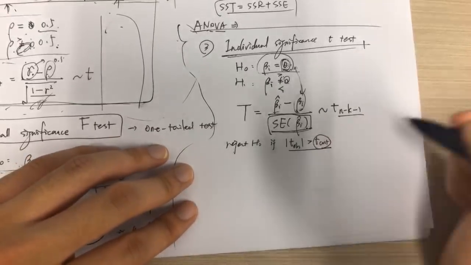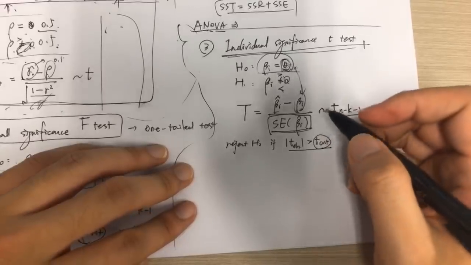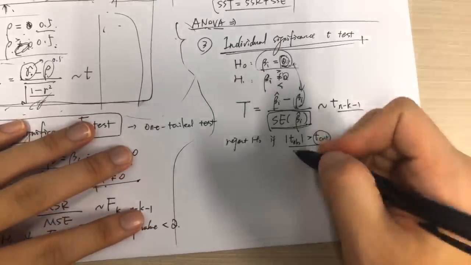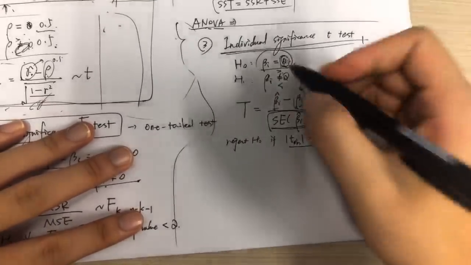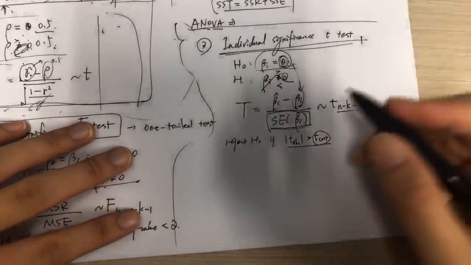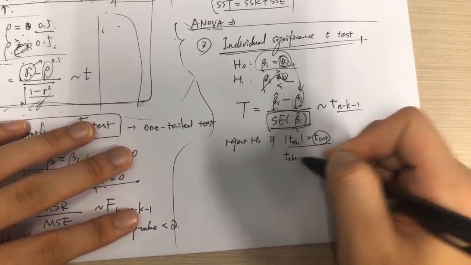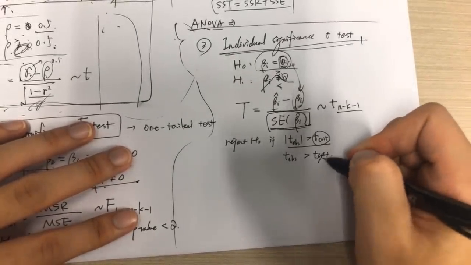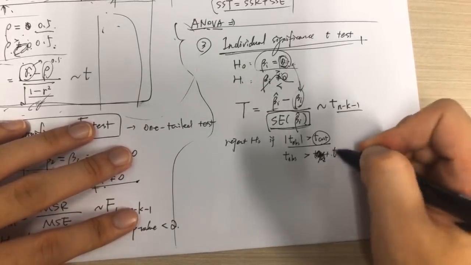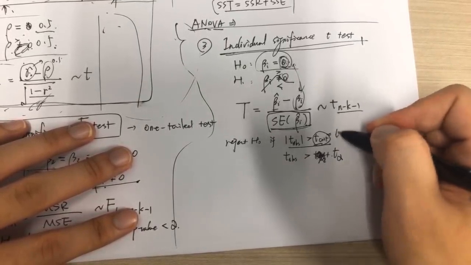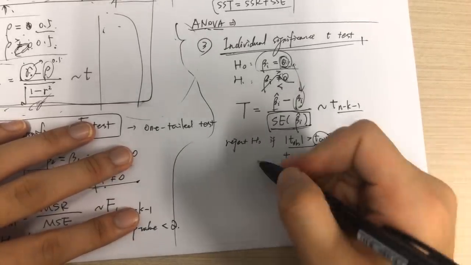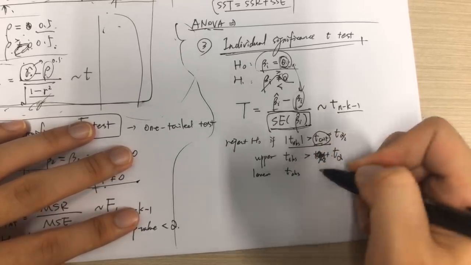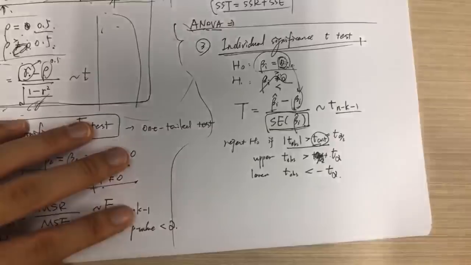This is for the two-tail test, using t of half alpha. For the one-tail test, you can write it down together with me: if it is the upper tail, greater than something, then the observed value is greater than the positive critical value, t alpha. And if it is the lower tail, the observed value is less than minus t alpha.